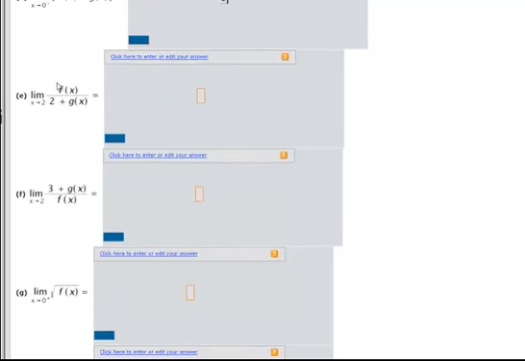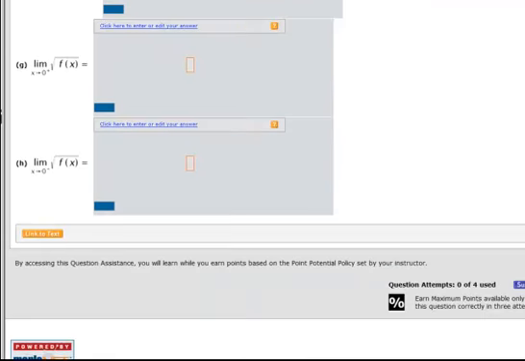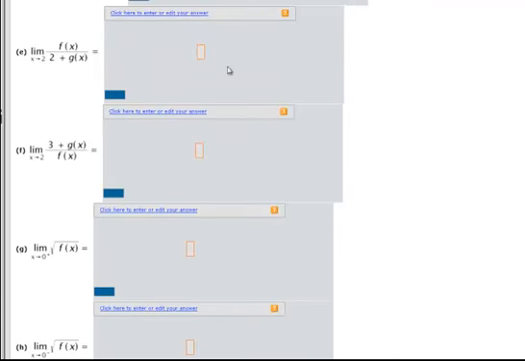So it really doesn't even matter what this bottom is here, because it's going to be 0 on the top, unless the bottom is 0, in which case it wouldn't exist. But let's just look at what happens as x approaches 2 of g of x. Let's see, as x approaches 2, it equals 0. So it looks like we're set, because we get 0 over 2 plus 0. So I'm going to put in 0 here.